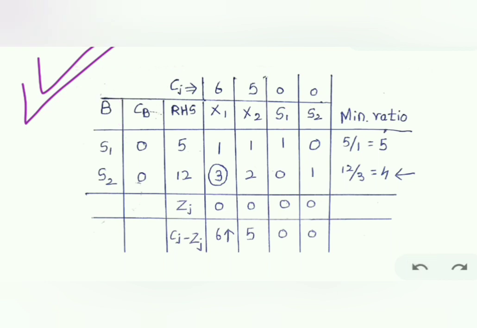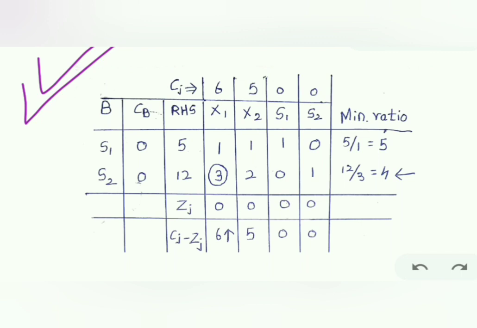So let us start now. Make the table, and see how to start this simplex table. The first step is that the decision variables need to be set to 0.